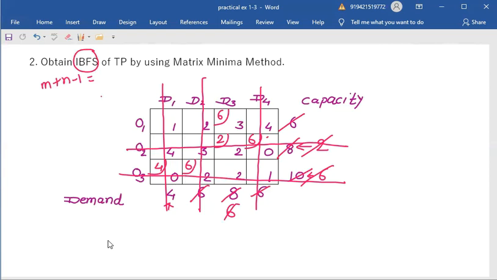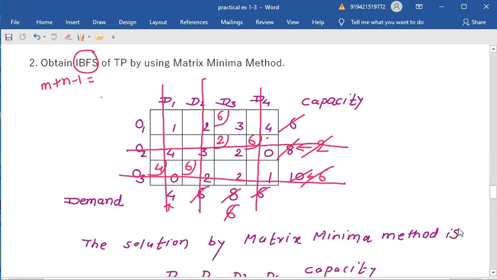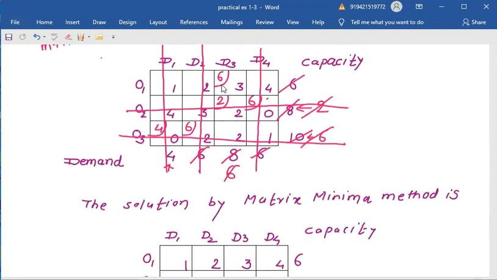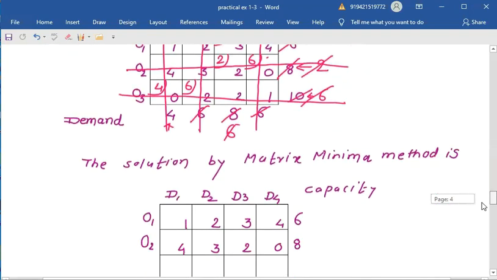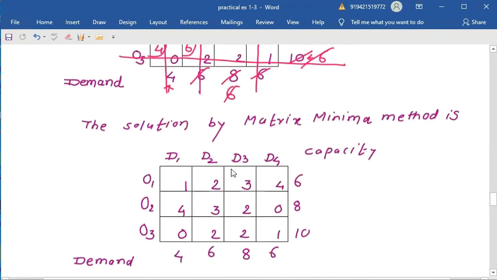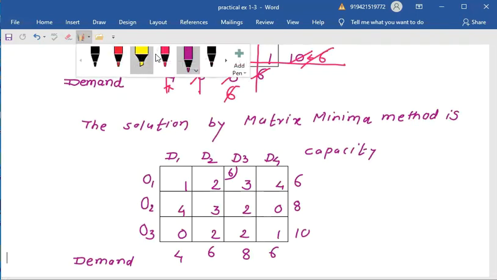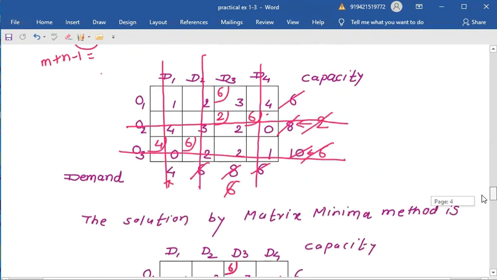So let us write down this solution. The solution by the matrix minima method is: transport 6 units from the first factory to the third warehouse. Then second row, transport 2 units from the second factory to the third warehouse.